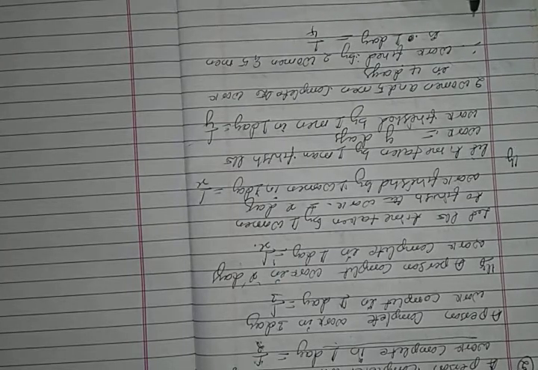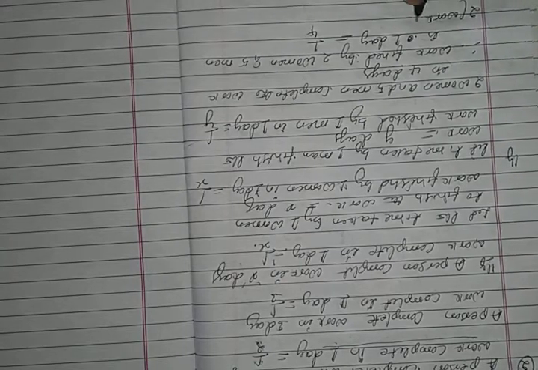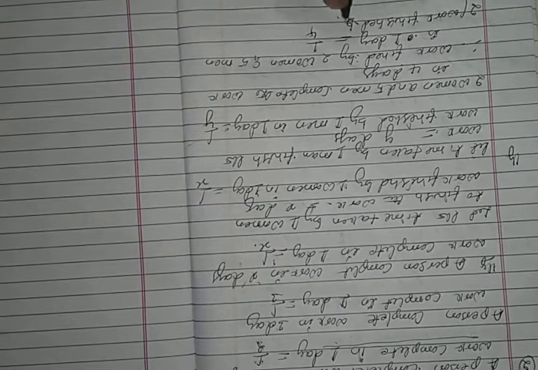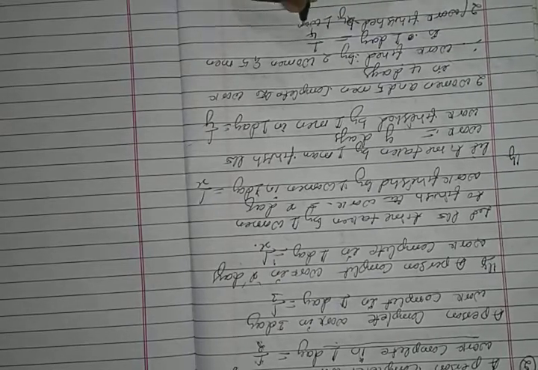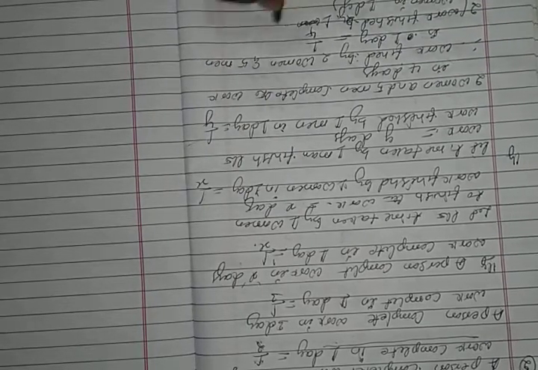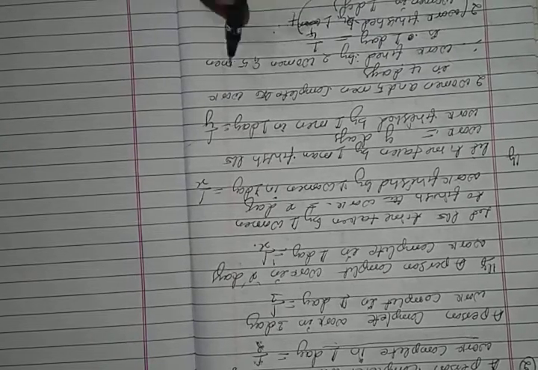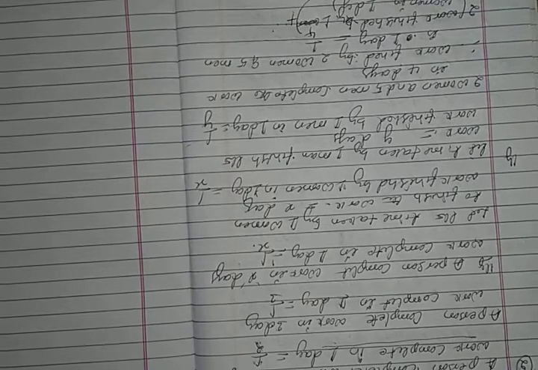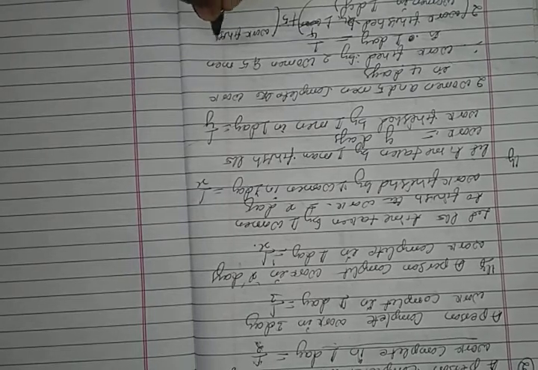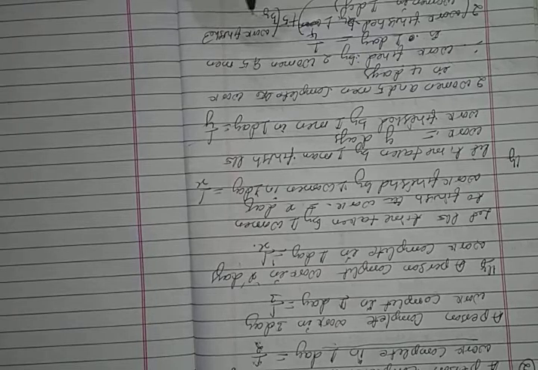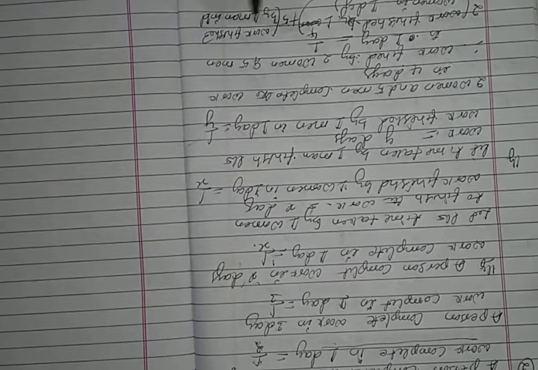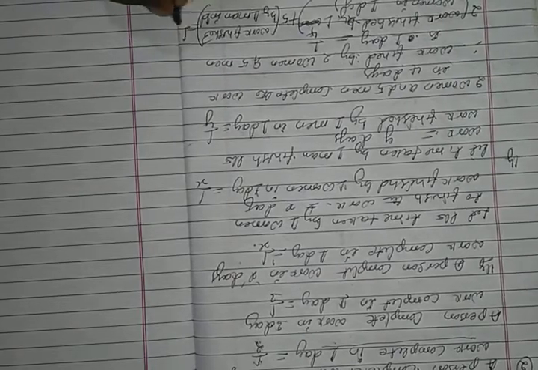Let us see. 2 into work finished by one woman in 1 day, plus 5 men, that is 5 into work finished by one man in 1 day, that is equal to 1 by 4.